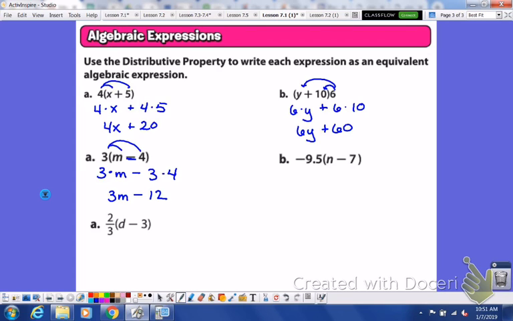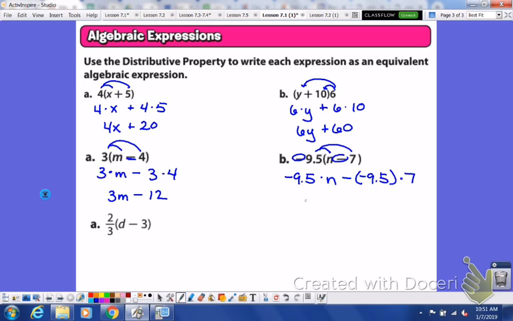Okay, part B, I have a negative sign here. I also have a minus sign inside. So when we do our distribution, if it helps you to write those little arcs there, so negative 9.5 times n, again, make sure you know the difference between a decimal and a multiplication sign, minus negative 9.5 times 7.